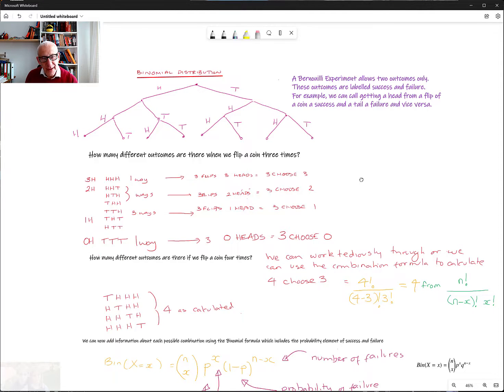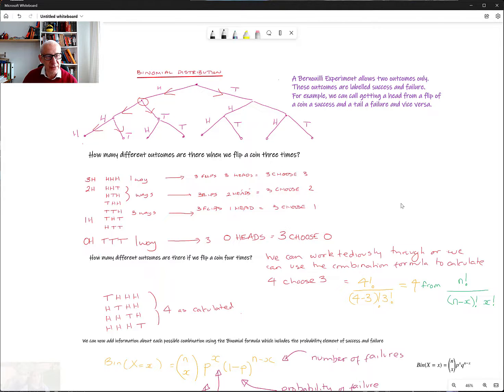So if we take a look here, this is a diagram we've seen before. It's a tree diagram of what happens when you flip a coin. You go one way, you've got a head, the other way you've got a tail, and then you flip a coin again at this next point. You've got a head and a tail, and a head and a tail. We like to ask ourselves, what is the probability that we'll get a particular kind of distribution at each particular level?